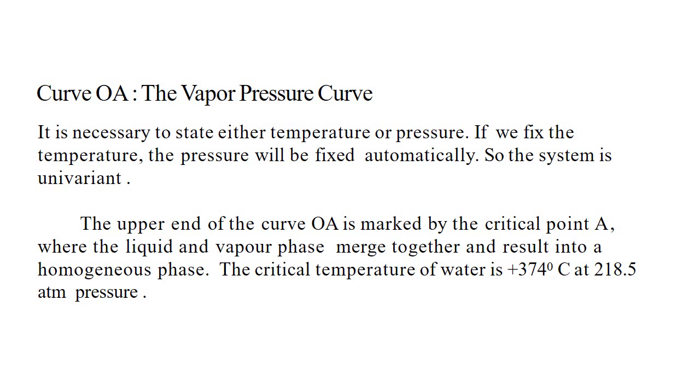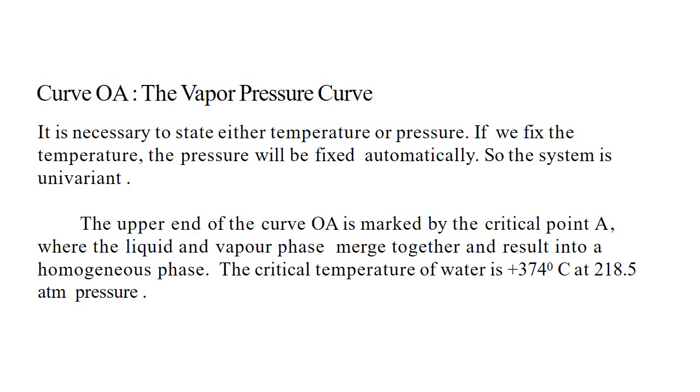The critical temperature of water is 374 degrees centigrade and the critical pressure is 218.5 atmospheres. The pressure at the critical point will be 218.5 atmospheres and the temperature at the critical point will be 374. So we can say the critical temperature for water is 374 and the critical pressure for water is 218.5 atmospheres.